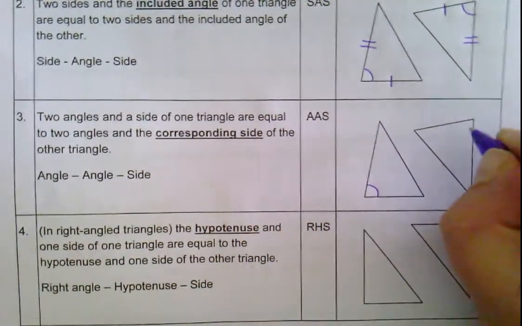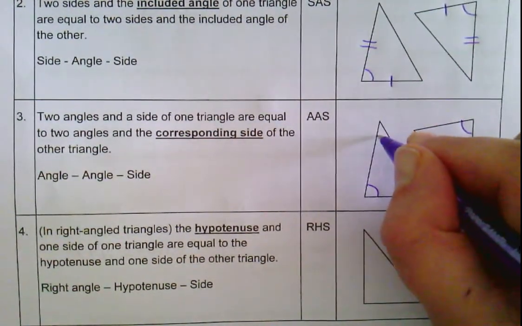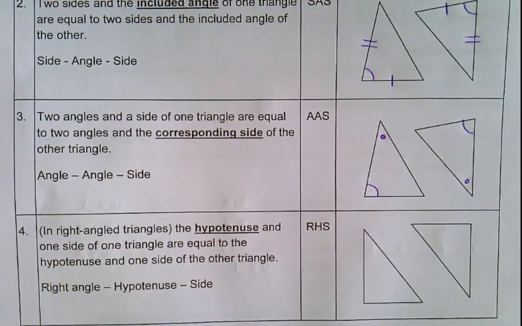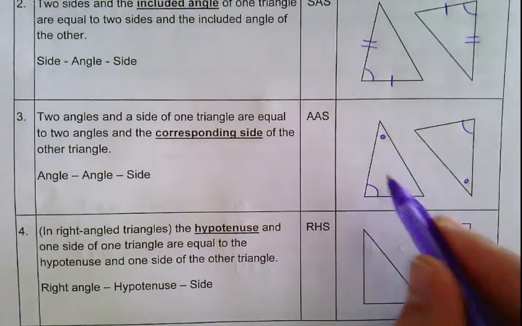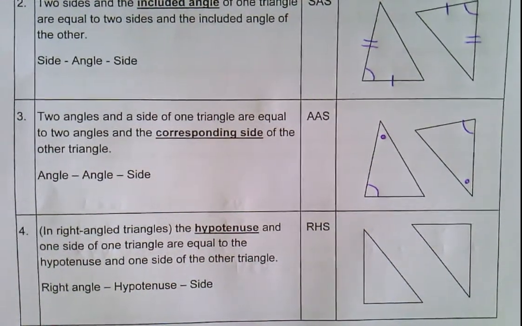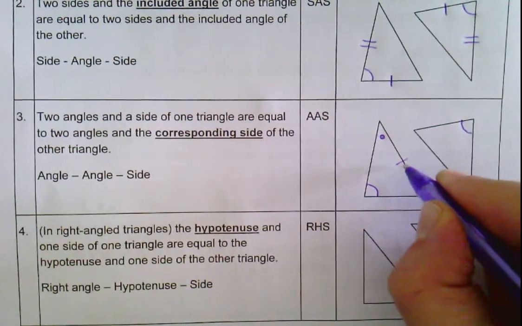So let's go for this big angle here. We'll go for this one here. Now, it doesn't matter where this third side is. I can put it there, but as long as I put it in the same position for both, I'm going to put it over here.